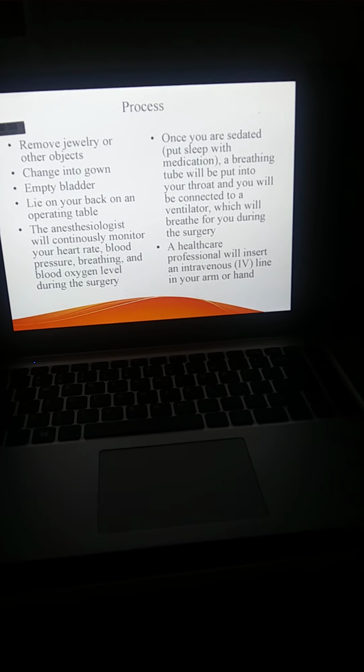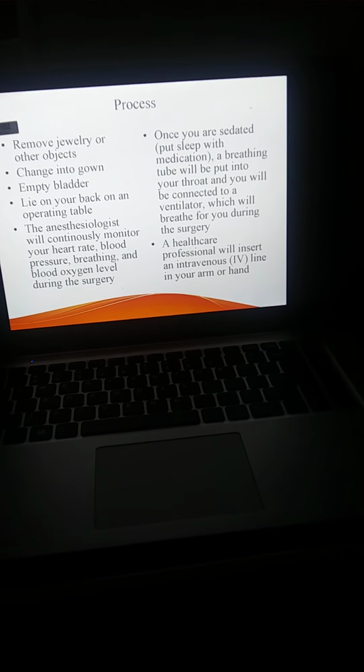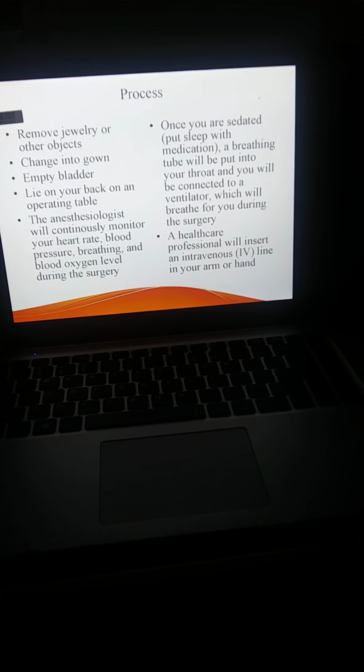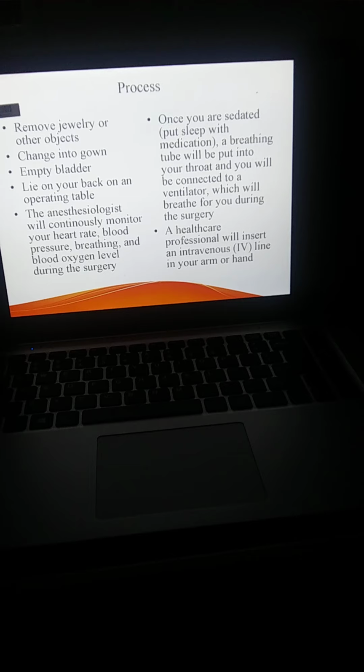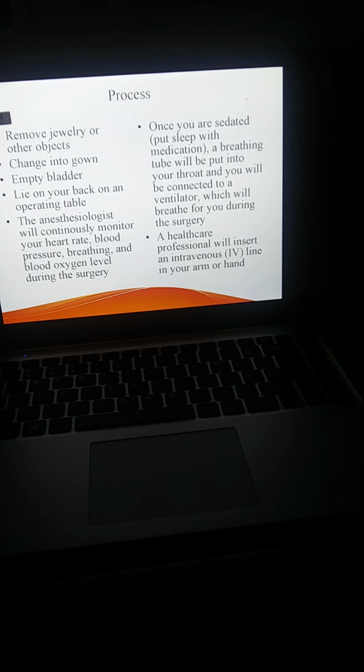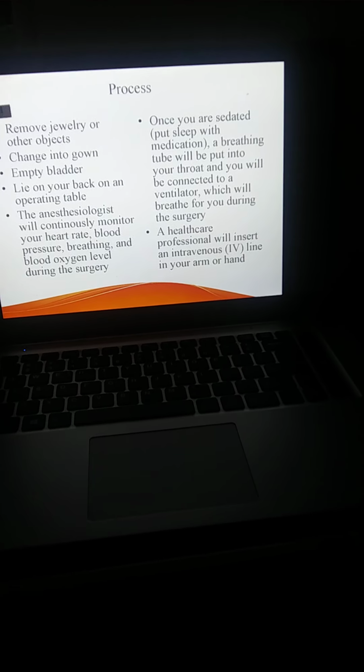The process includes removal of jewelry or other objects, changing into a gown, emptying your bladder, and lying on your back on the operation table. The anesthesiologist will continuously monitor your heart rate, blood pressure, breathing, and blood oxygen level during the surgery.